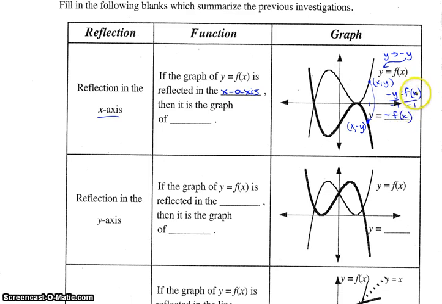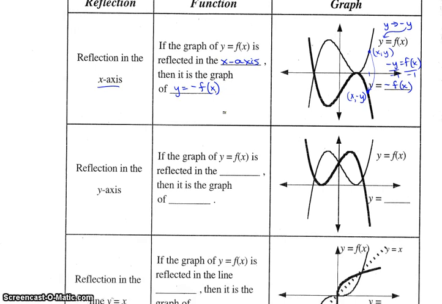You do not divide inside the function, this x inside the function, that's not okay, can't go inside the function. So the negative is in front of f of x, that's essentially replacing y with negative y, and therefore a reflection in the x-axis. So to summarize over here, it is the graph of y equals negative f of x. Okay, let's look at the next one.